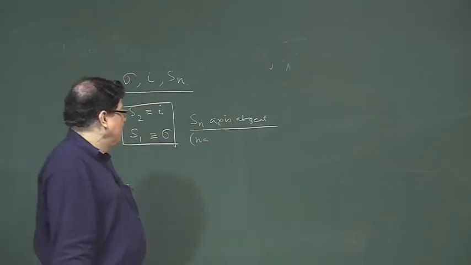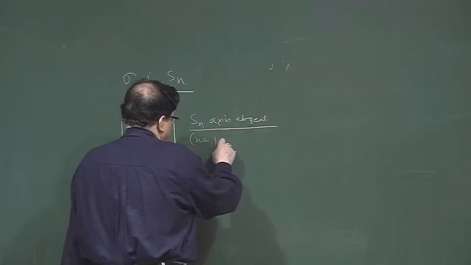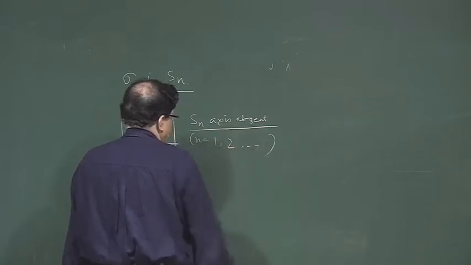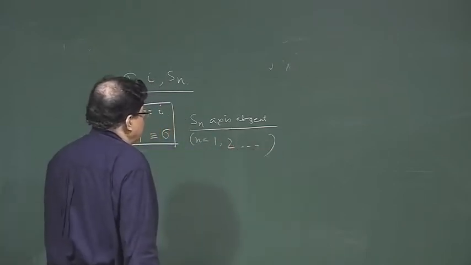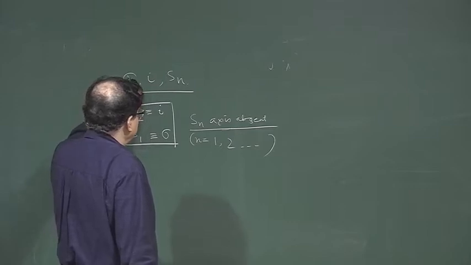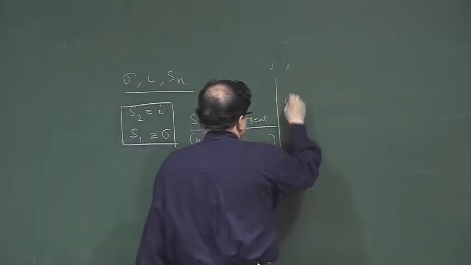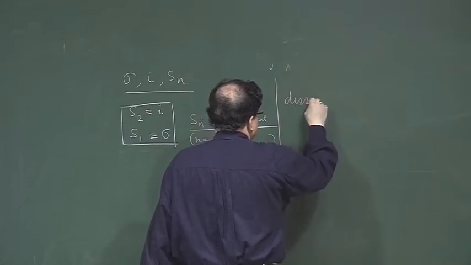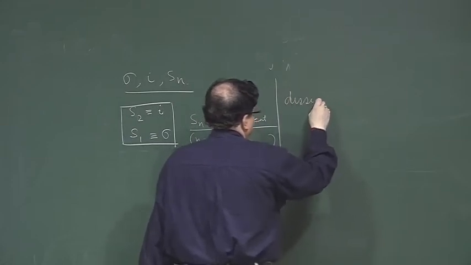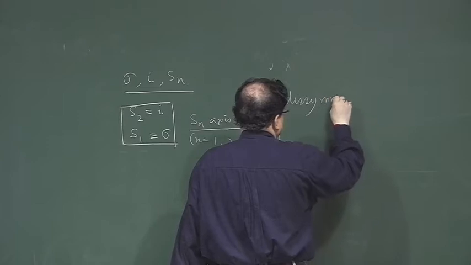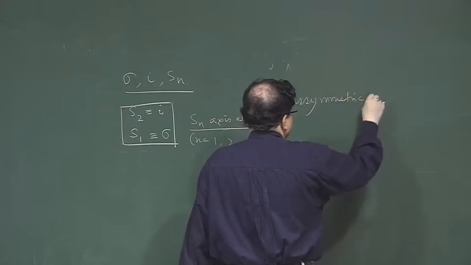Okay. Now, n equals 1, 2 and then so on. The molecules which lack these elements of symmetry are called disymmetric molecules.